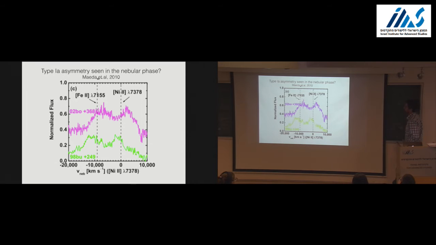And the interpretation there was that you had a geometry in the supernova where the nickel distribution was shifted from the center. And in some cases, you were looking at it coming towards you, and in other cases, you were looking at it coming away from you. Okay? There's other interesting examples in 87A and other things where you see interesting line profiles that can all be analyzed in this way.